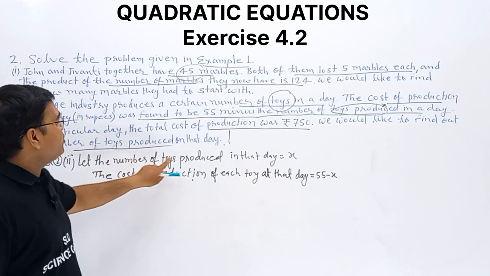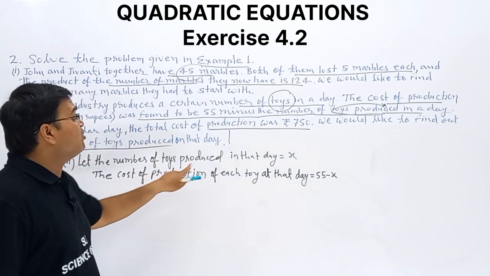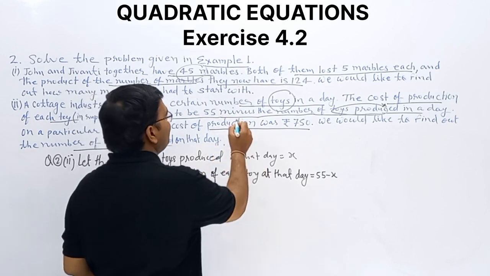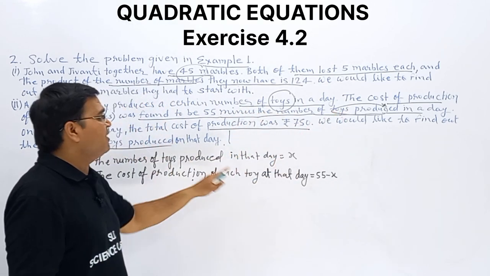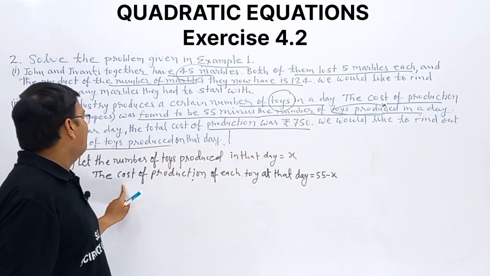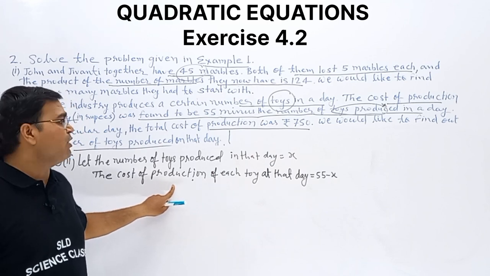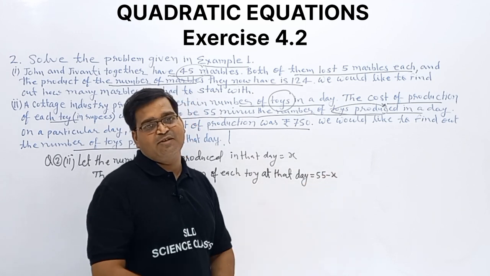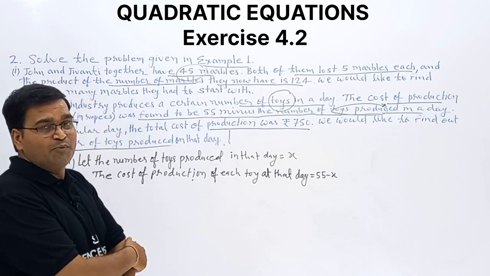We want the number of toys produced in that day, X. The cost of production of each toy on that day will be 55 minus the number of toys produced in a day. The company produced X toys, so the cost of production of each toy will be 55 minus X. Are you getting how we are solving this?